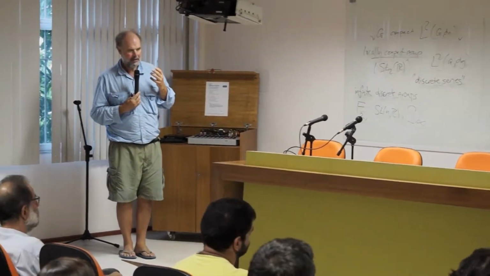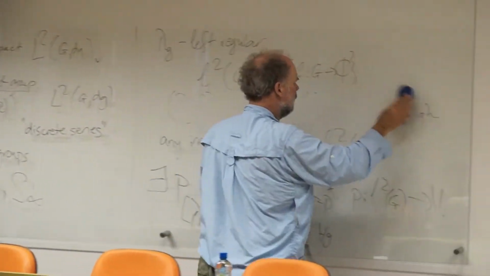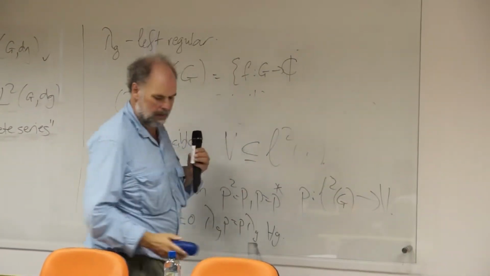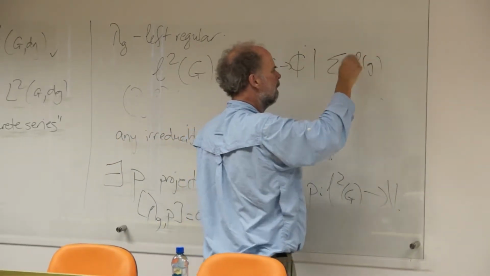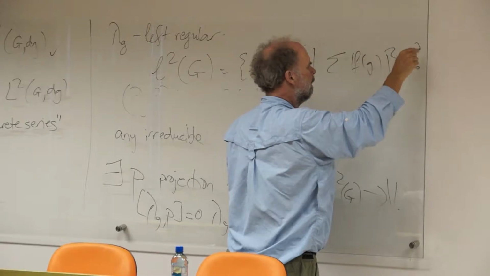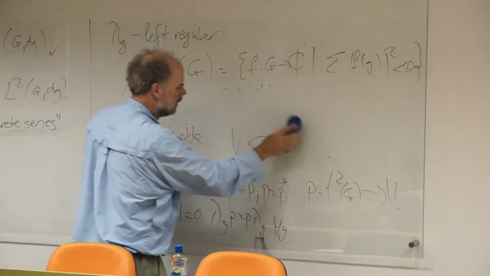So, the question is, we're interested in irreducible representations of groups, and the lesson from finite and compact groups was you should look in the left regular representation. There certainly is a left regular representation. Now this is L2 of G, but of course these have to be square summable. The group still acts in the same way.